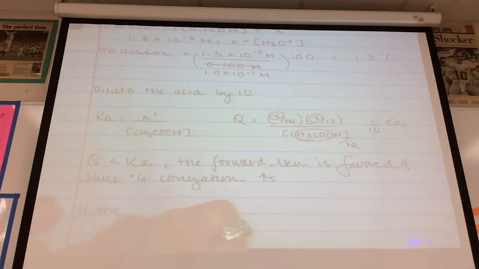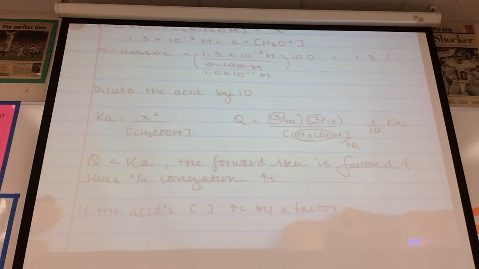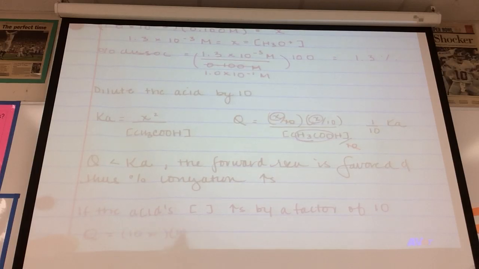If the acid's concentration increases by a factor of 10, you have Ka, but Q now would be 10x over the concentration of the acid times 10.